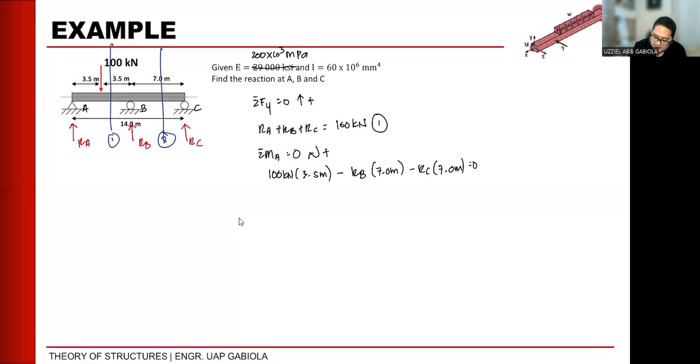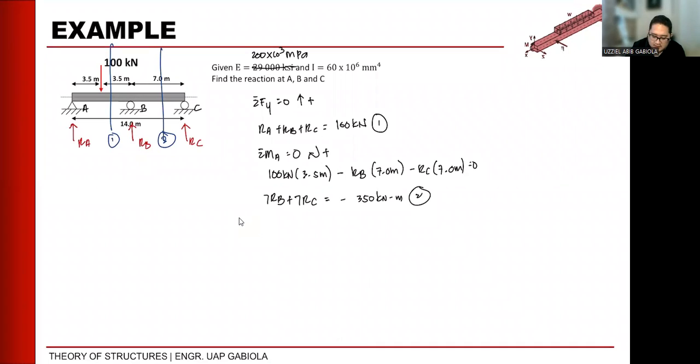So, yung ating next equation will be transfer lang natin sa kabila, no? So, we have 7RB plus 7RC is equals to negative 100 times 3.5, that is 350 kilonewton-meter. So, ito yung second equation natin.